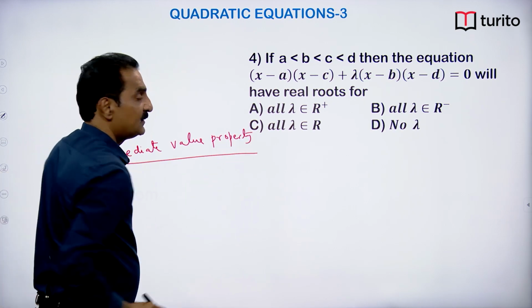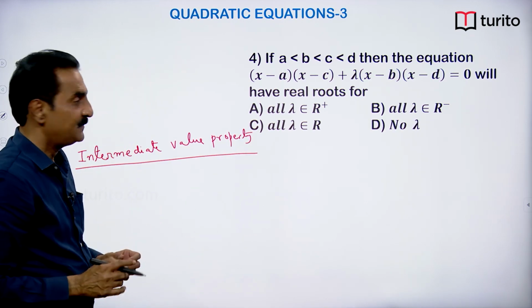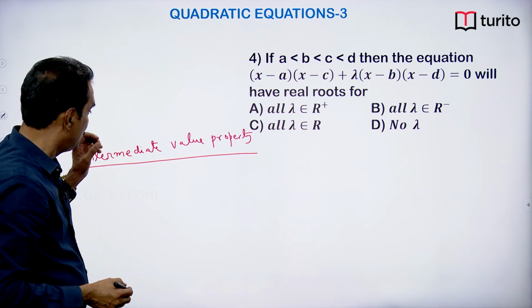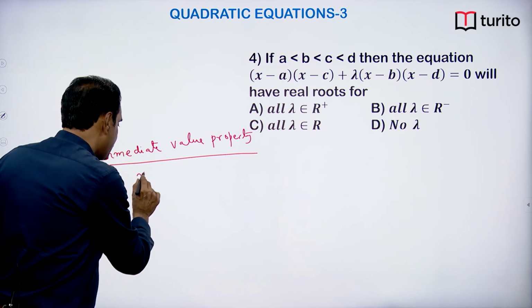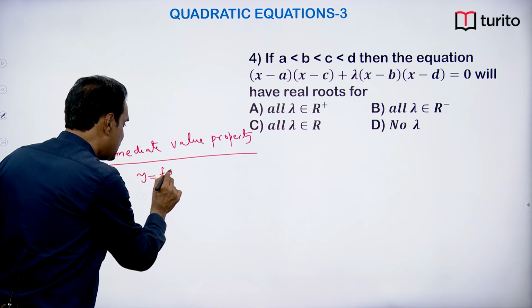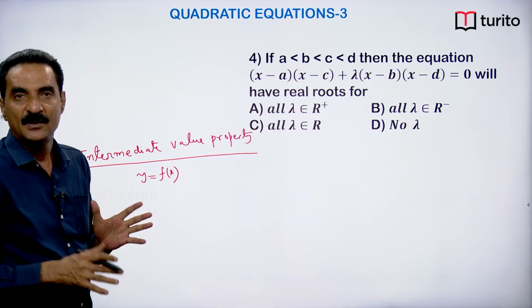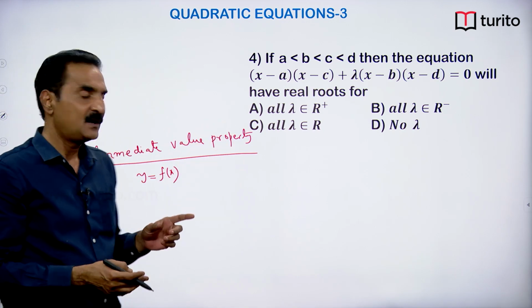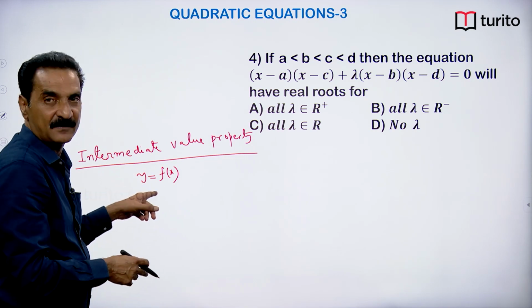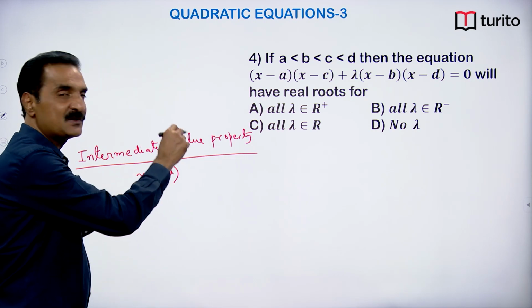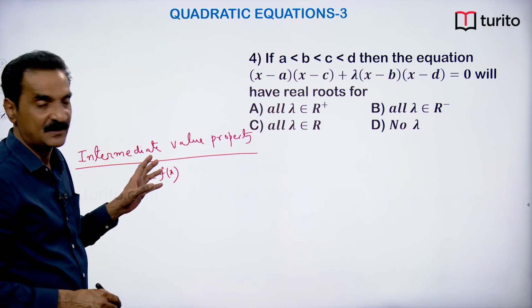Okay. What is intermediate value property? Consider a function y is equal to f of x. You know what is the graph of a function. For different values of x, you will get different values of y. If you join all such points, you will get the graph of the function.